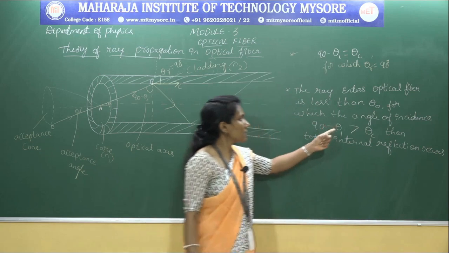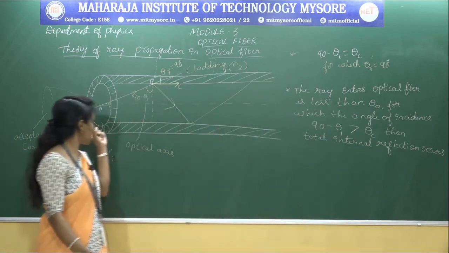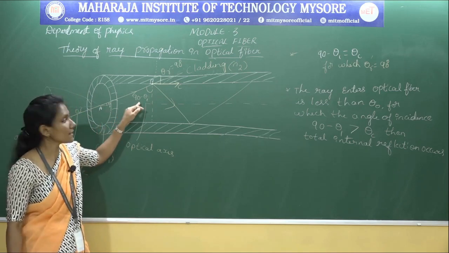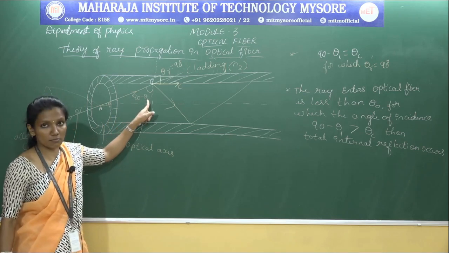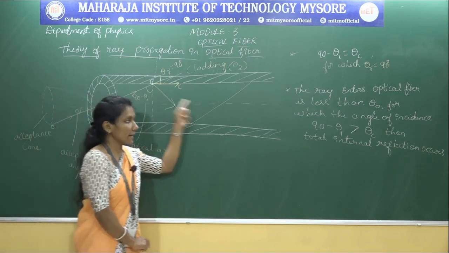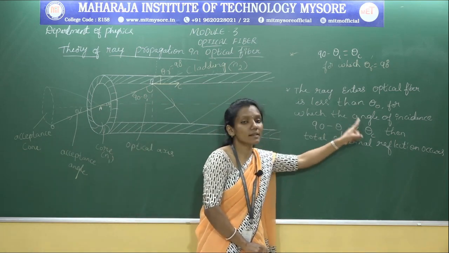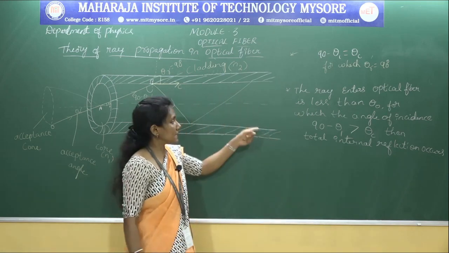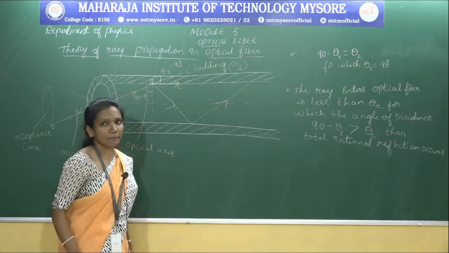So when theta naught is greater than the angle, 90 minus theta 1 is greater than the critical angle, and then only the total internal reflection will take place inside the optical fiber.